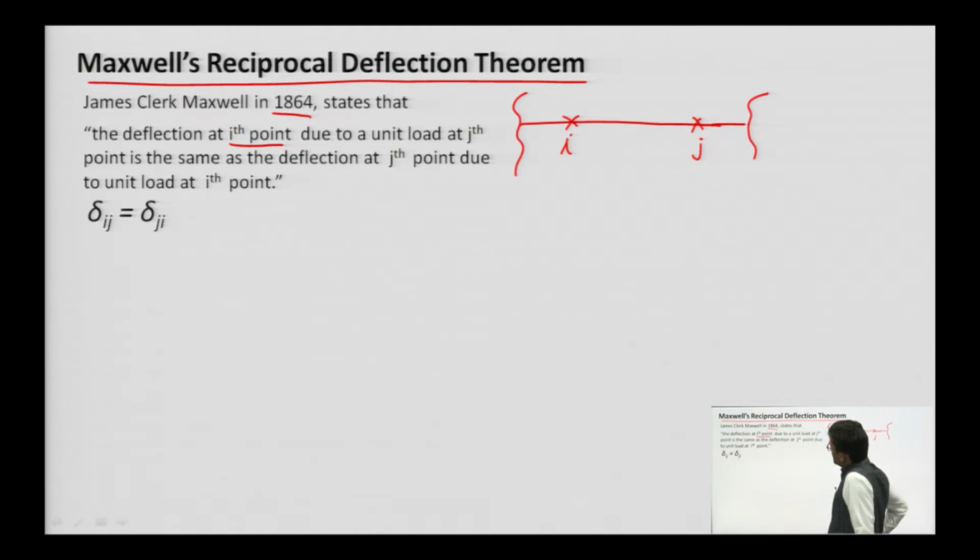So, the deflection at ith point due to a unit load means, if a unit load is placed here, then whatever is the displacement, let me make j here, I here.